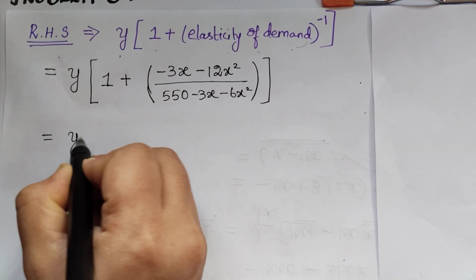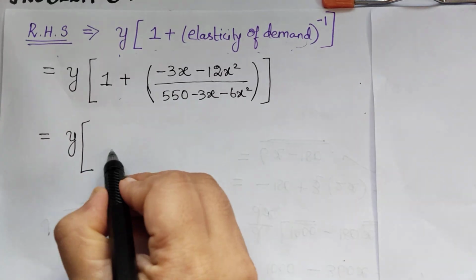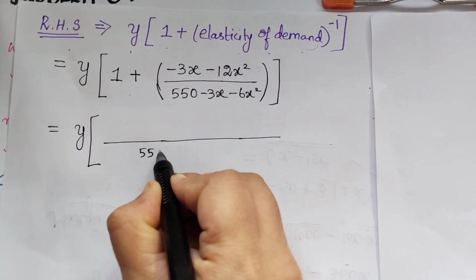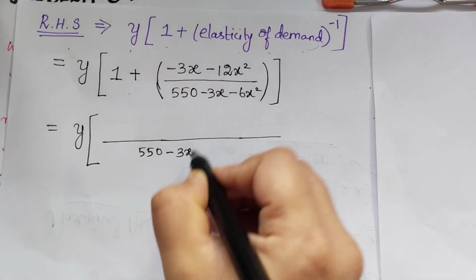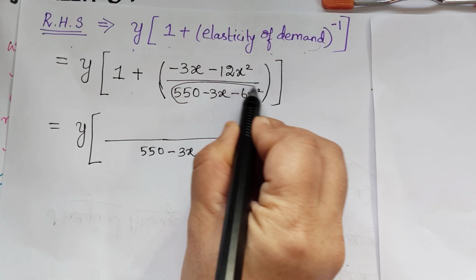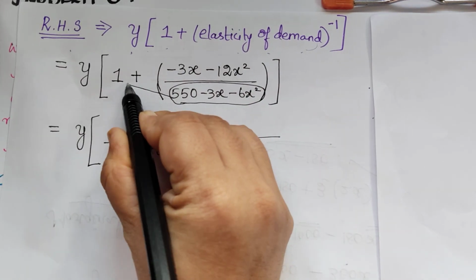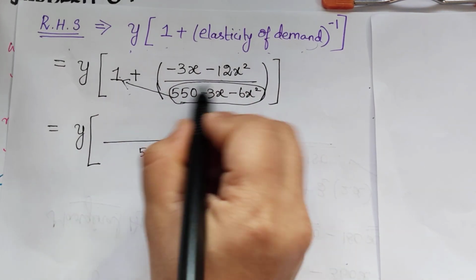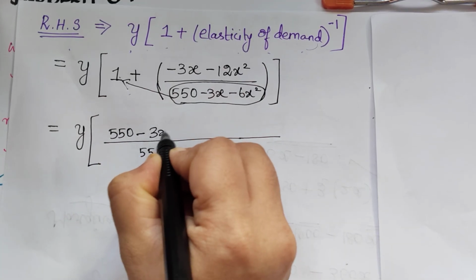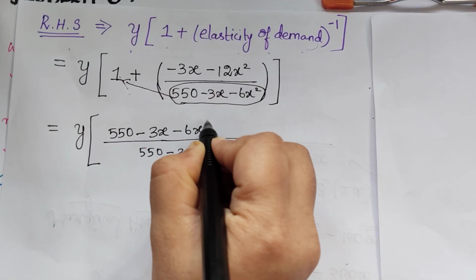So that is equal to y multiplied with, the LCM is 550 minus 3x minus 6x square. So when you find the LCM, this term has to be multiplied with this 1. So 1 multiplied with this is 550 minus 3x minus 6x square.